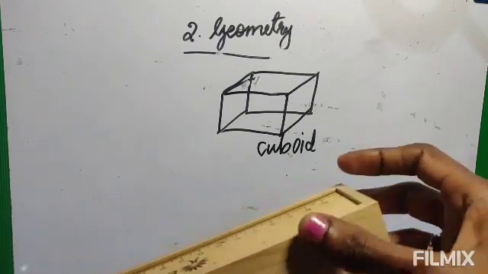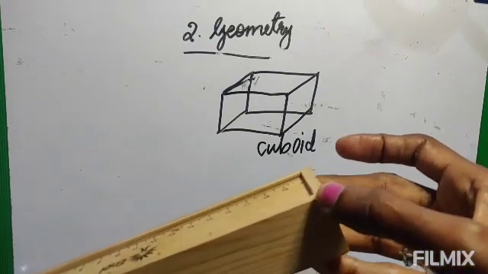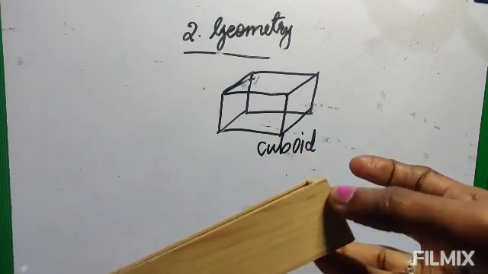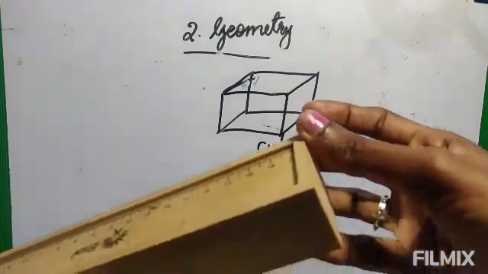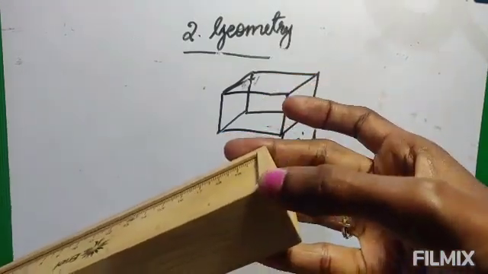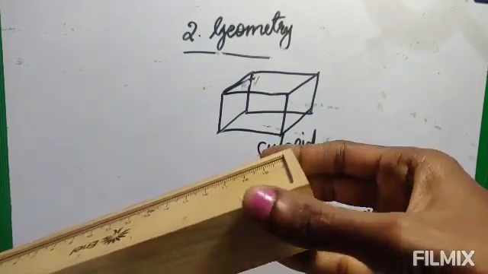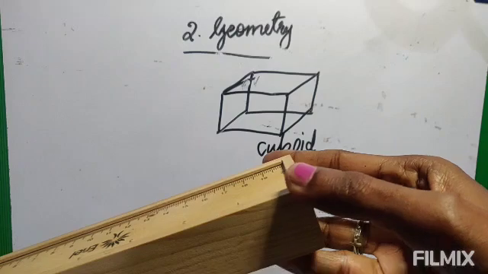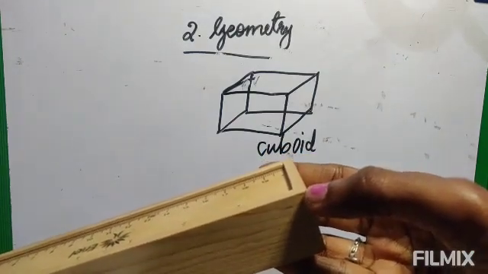So 3 edges meeting in one point, that is called the corner, otherwise vertex. Now you see this is one edge, this is one edge and this is another edge. These 3 edges are meeting together at this point, and this point is called the vertex. Which point they are meeting at, that is called the vertex, otherwise corner.